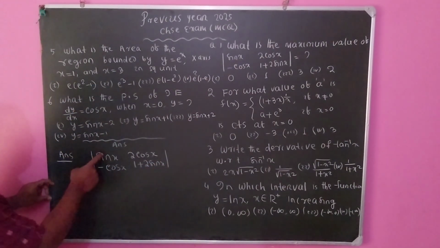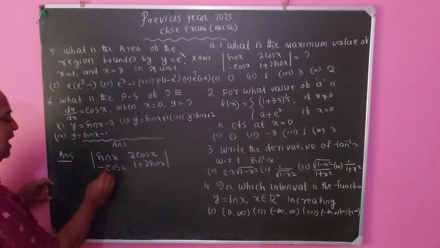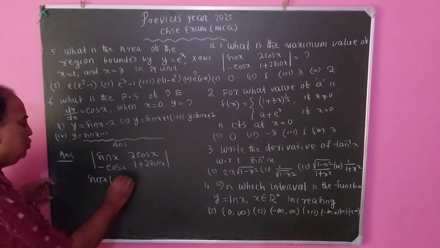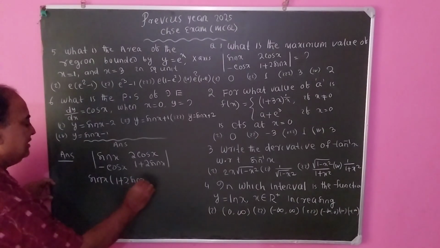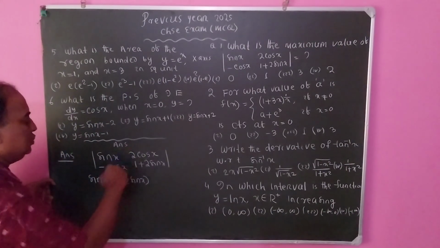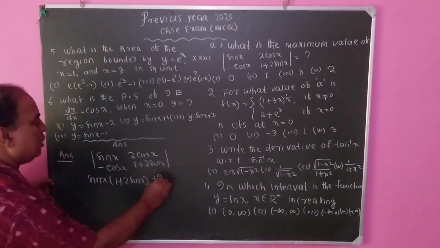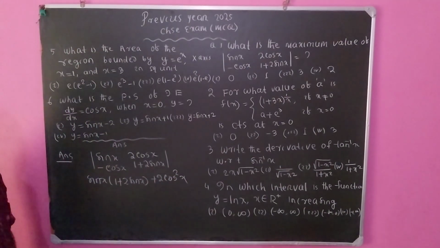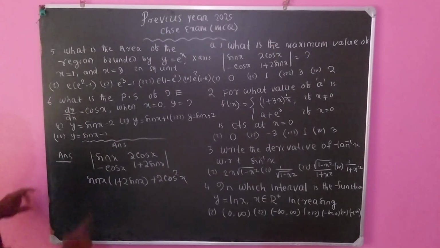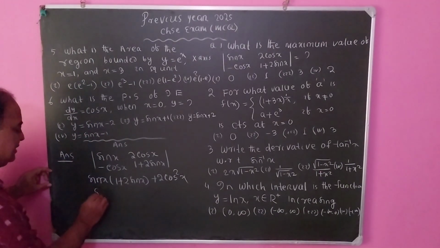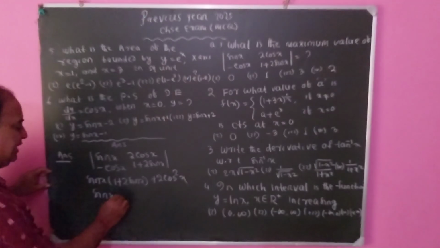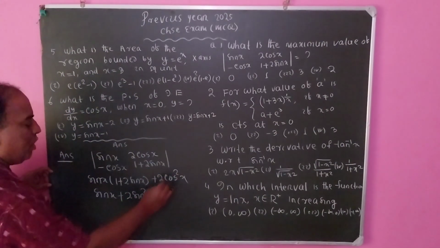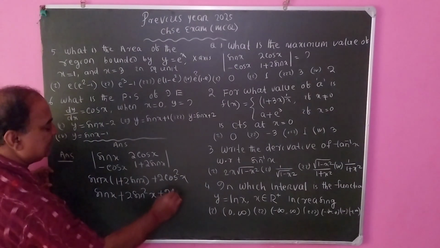The value of the determinant: multiplying sin x into 1 plus 2 sin x, minus minus, means plus 2 cos square x. So sin x multiplied here gives 2 sin square x, plus 2 cos square x.